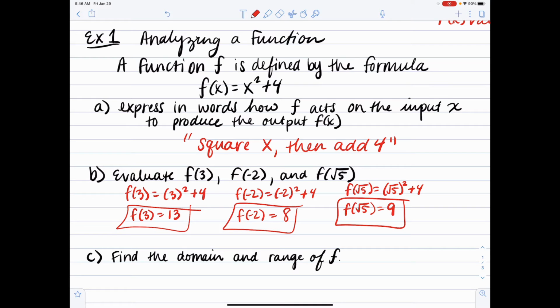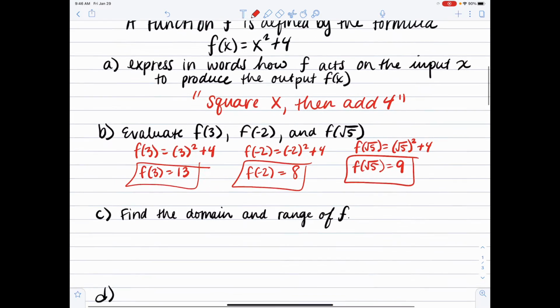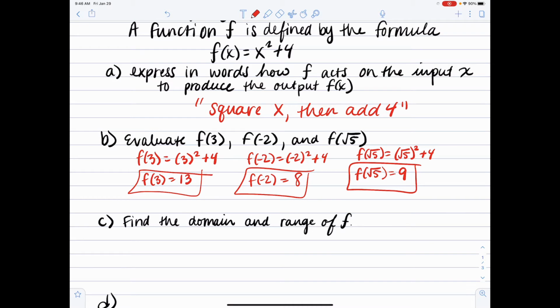And part C says find the domain and range of f. So you can basically think about the domain. Let's start with the domain. The domain is the x values, and you can plug any x value in here, and it will work. You can square any value. So there's no limit there to what you can put in there.